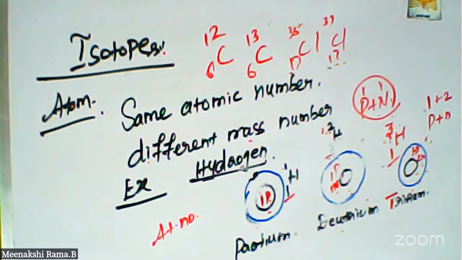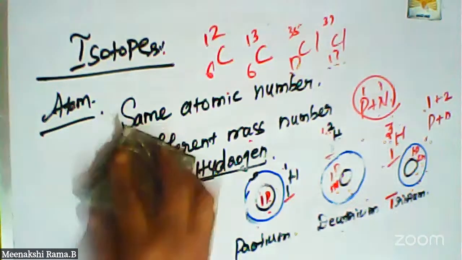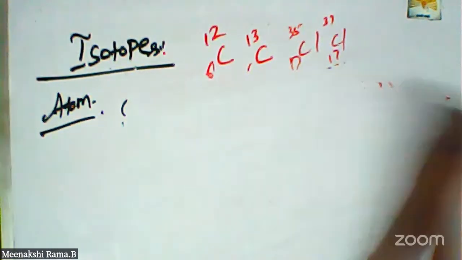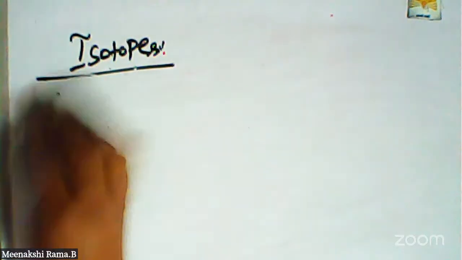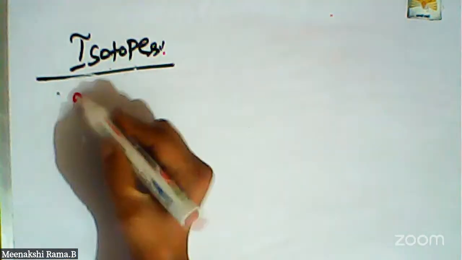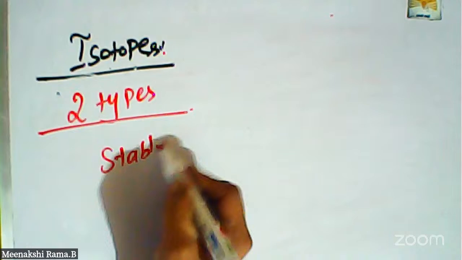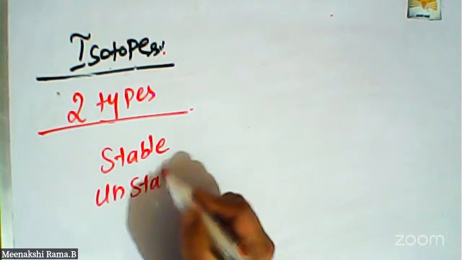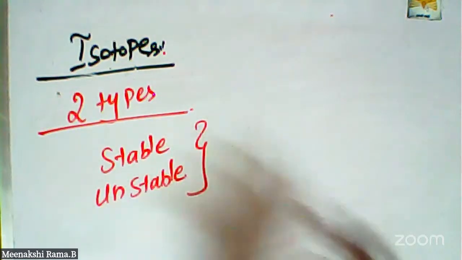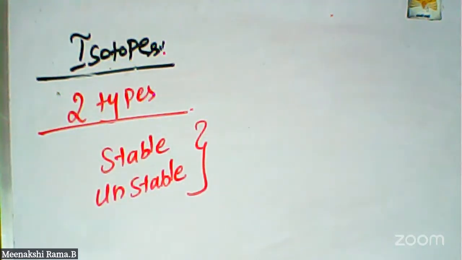In these isotopes, there is one more concept: there are 2 types of isotopes, stable and unstable. How can we identify the stability of an isotope? When the number of neutrons changes, extra neutrons are added in the nucleus, and the stability changes.